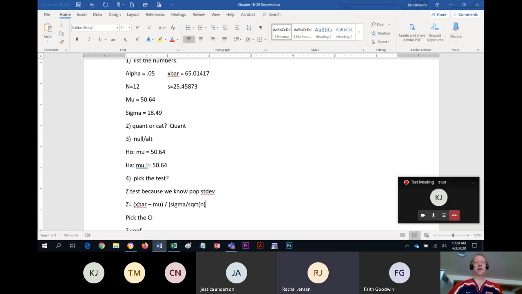Yeah. So if I did an 80% confidence interval, right now I've only got one tail highlighted here. Half is in each tail, so that would be 10% in each tail, for an alpha of 20%.